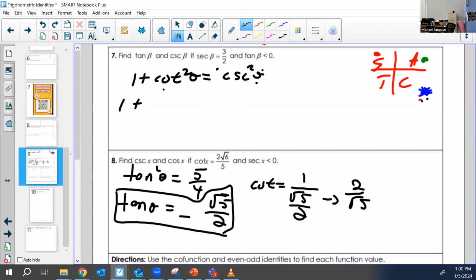That's my cotangent. So that becomes 1 plus 2 over square root of 5, squared, and that is equal to cosecant squared theta.